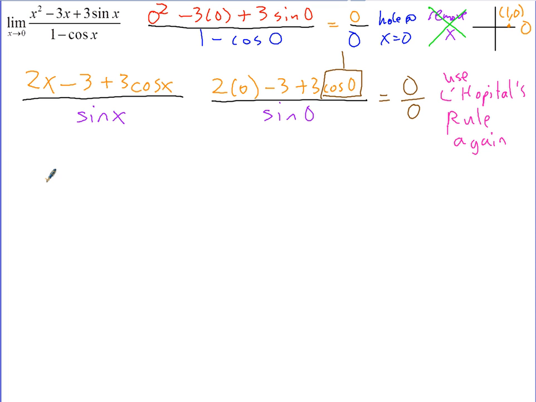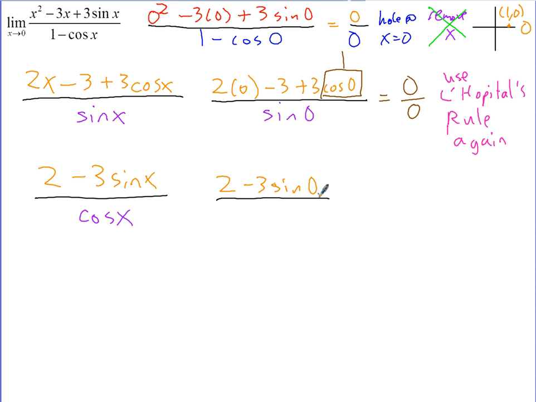So the derivative of 2x is 2, derivative of negative 3 is 0, derivative of cosine is negative sine, so it becomes minus 3 then sine x, and the derivative of sine is cosine. So then if we substitute in the 0, we'll get 2 minus 3 times sine of 0 over cosine of 0.